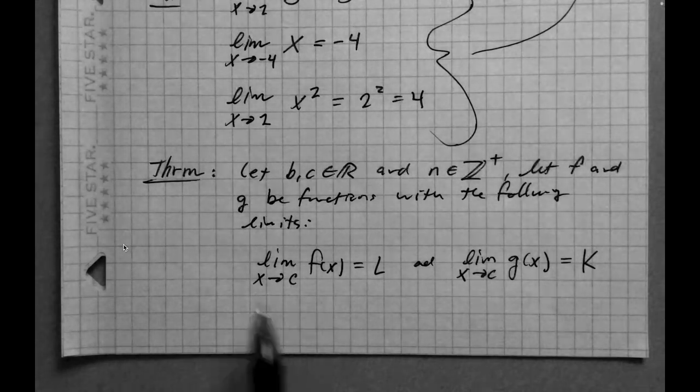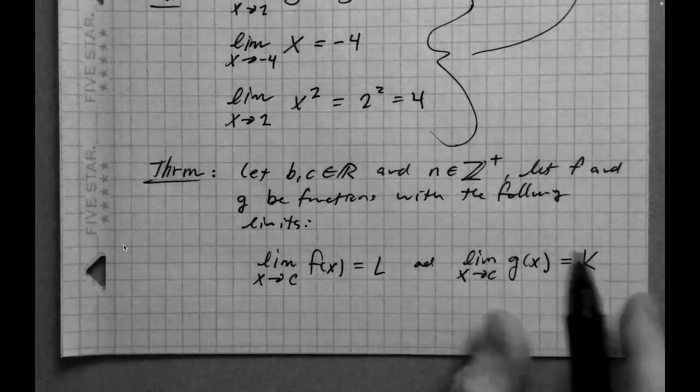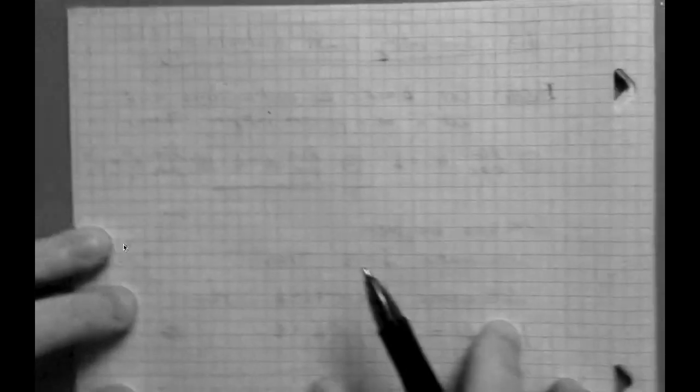Okay, so given this setup, let's see what we're able to show, what we're able to say. There's a handful of these here, and I'll just write them all down to start with.